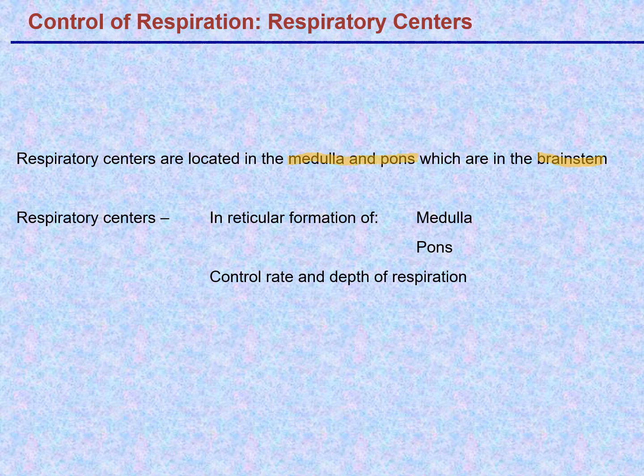The brainstem has three parts: the midbrain, the medulla, and the pons. Respiratory centers are actually in what's called the reticular formation of these two, medulla and pons, and they control rate and depth of respiration. So how fast you breathe and how deeply you breathe, or how much you take in with each breath.